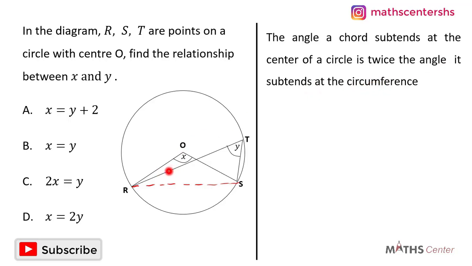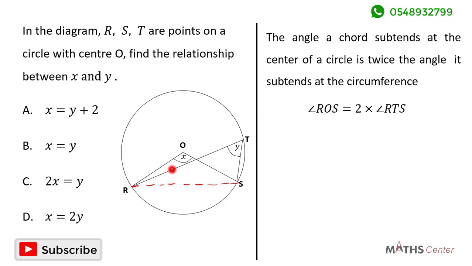So in this circle, the angle the chord RX subtends at the center of the circle, which is the angle ROX, given to us as X, is twice the angle it subtends at the circumference, which is the angle RTX, given to us as Y.